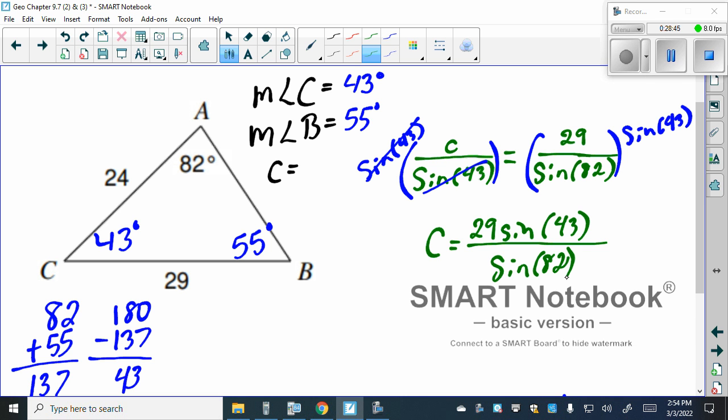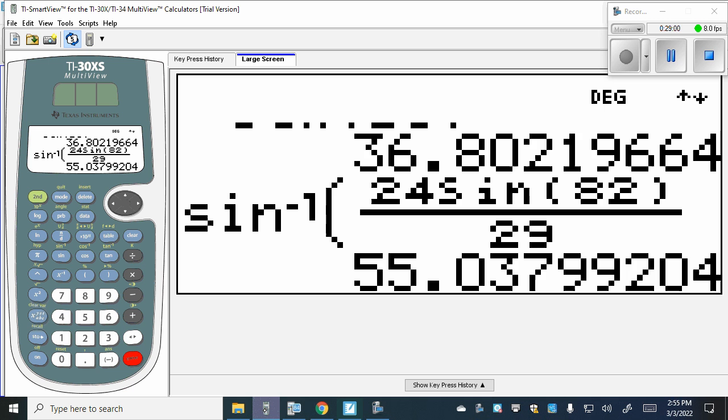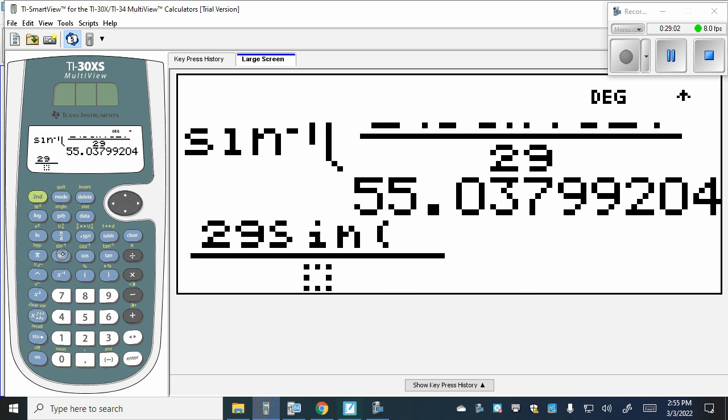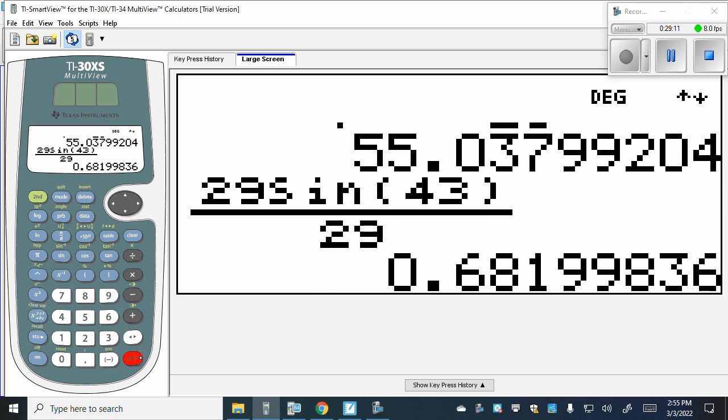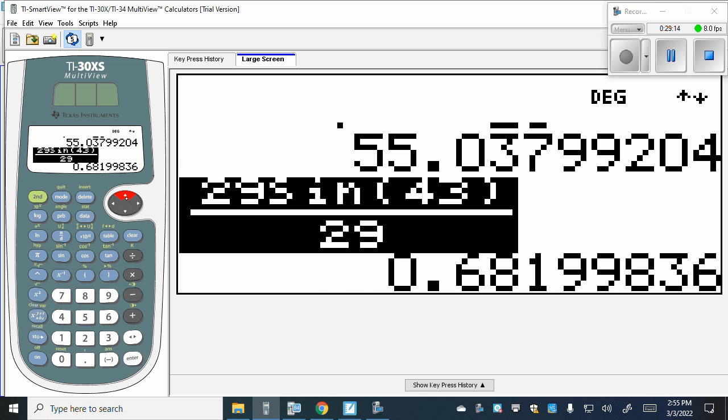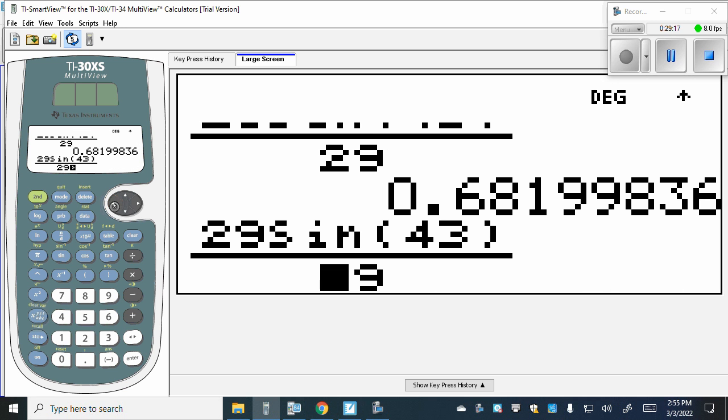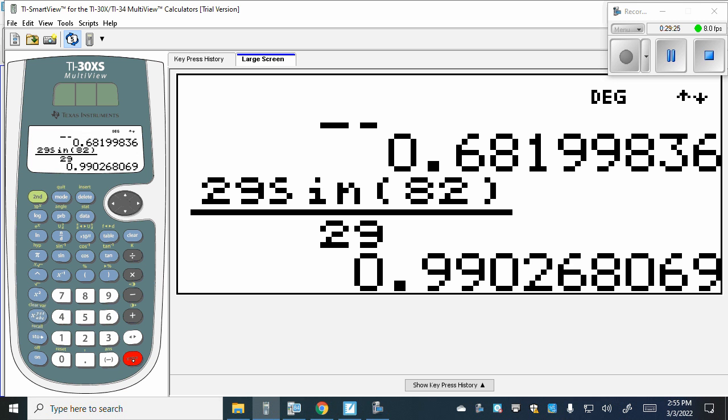Now, unfortunately, unlike the last problem, we can't just select it and bring it back down, because the previous thing we typed in had sine inverse. We'll actually have to type the whole thing in. Fraction 29 sine of 43 over sine of 82. And it was in the bottom, wasn't it?